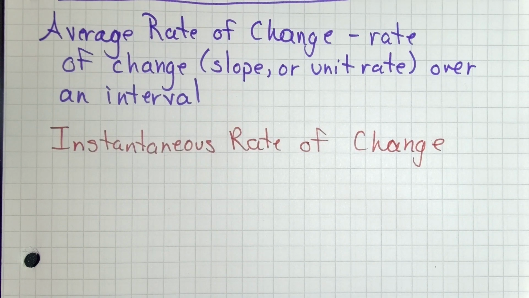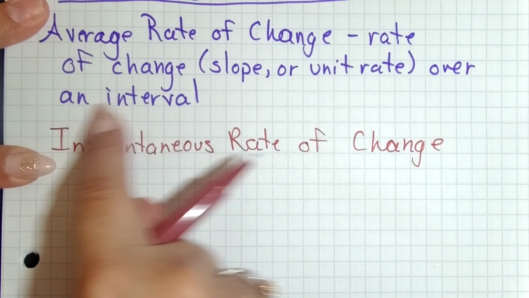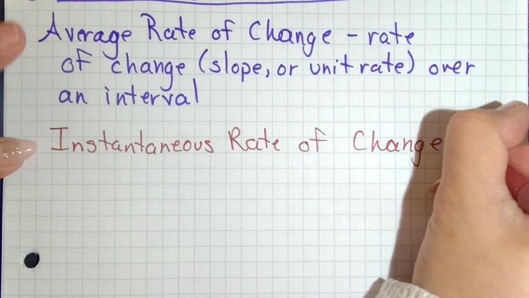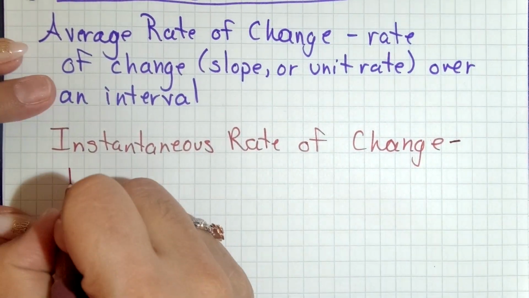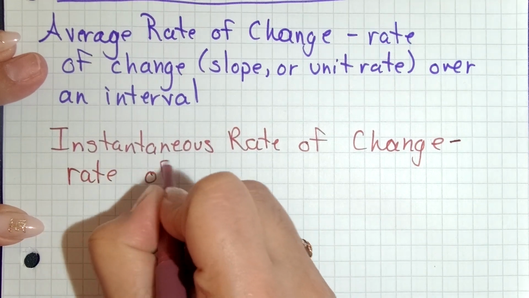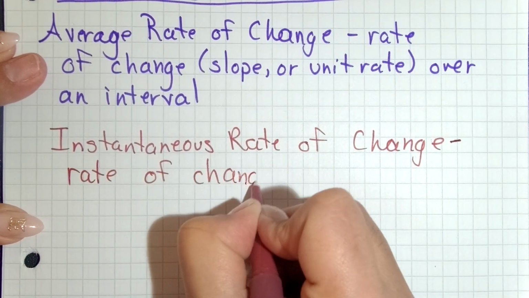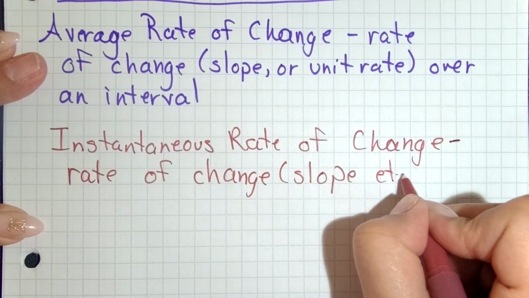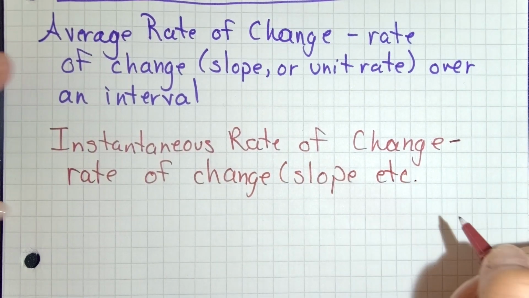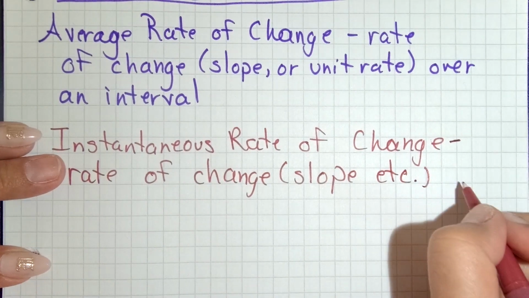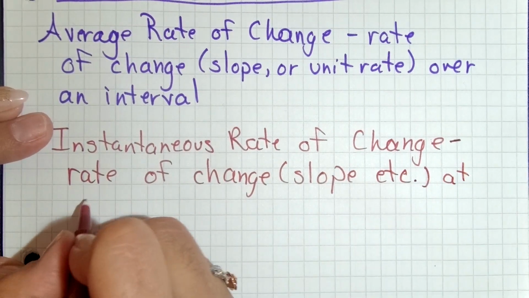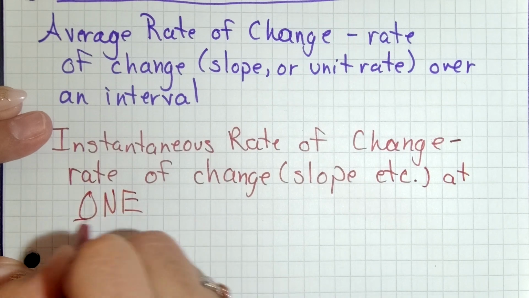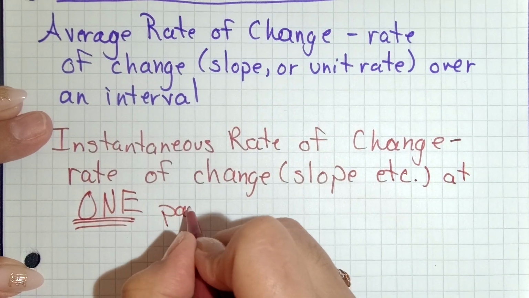The instantaneous rate of change is different from the average rate of change because this is over a particular interval. For instantaneous rate of change, that is the rate of change or slope, at just one particular value.